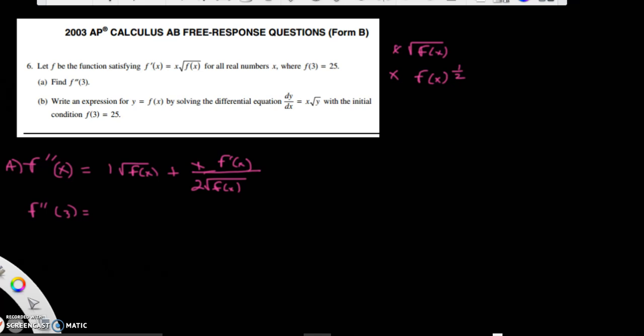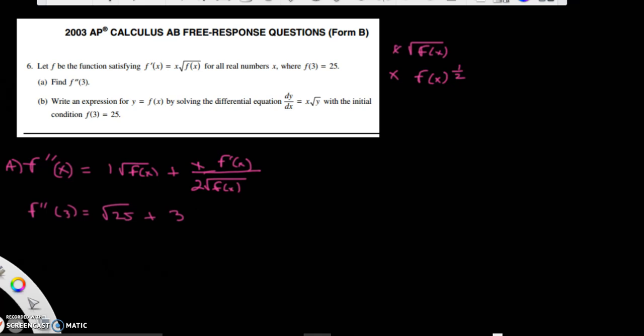Okay, so now we have to plug in 3. If we plug in 3, we're going to get f of 3 is 25, so root of 25, plus 3 times f prime of 3. What would that be? 3 times 25, 3 times 5, which would be 15, right?